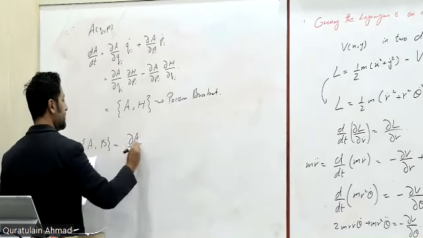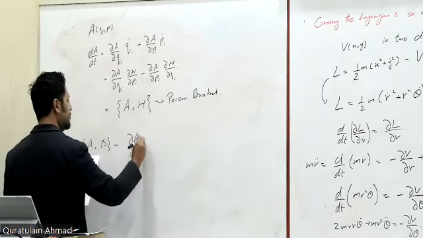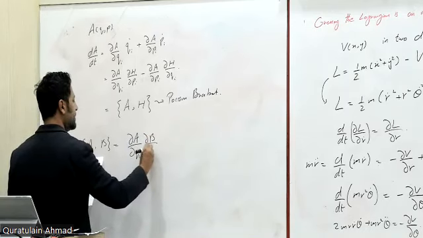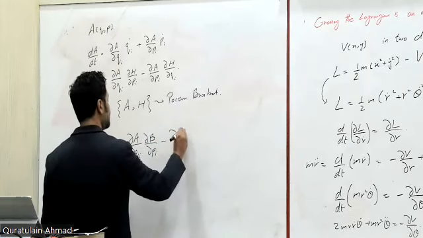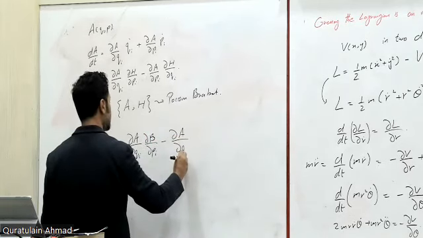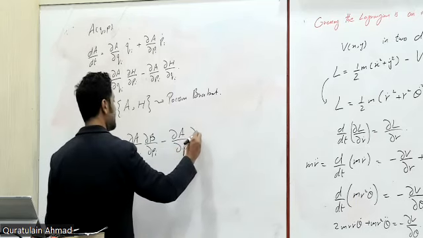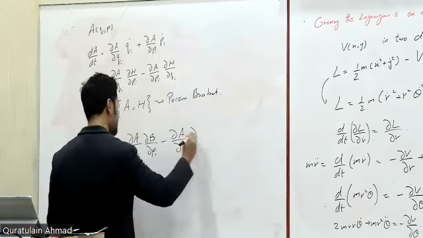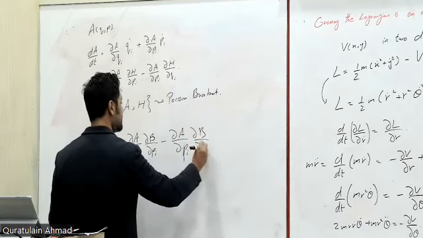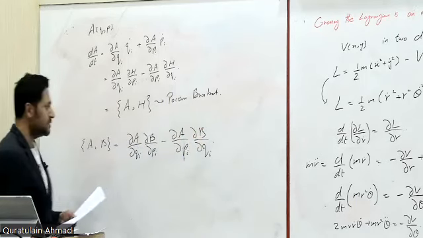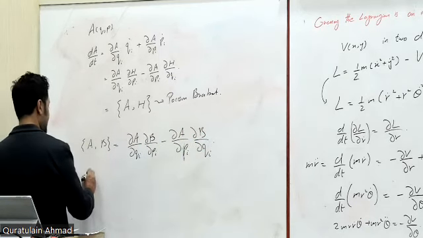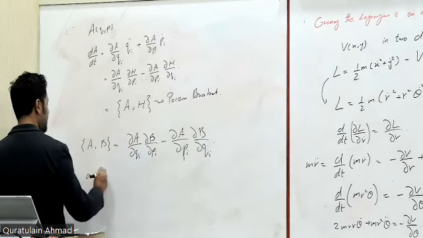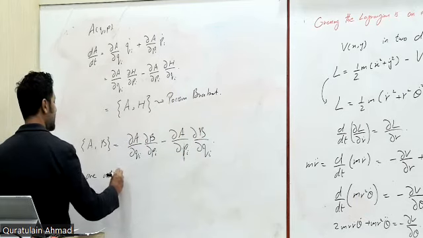So this formula: dA/dQi, dB/dPi, and then exchange the order of these. You can check that they are antisymmetric.